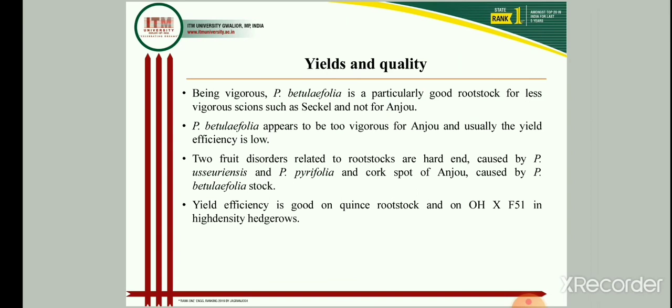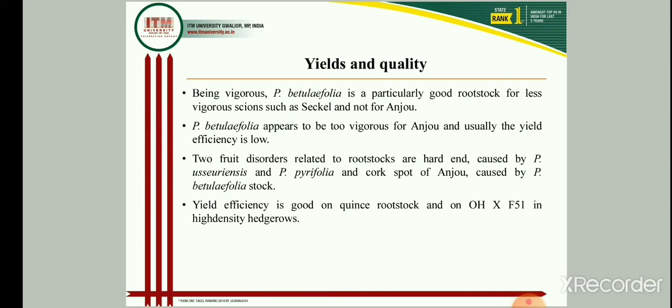In terms of yield and quality for the pear, Pyrus betulifolia was reported as a good rootstock for scions having lesser vigor, because it has the ability to impart high vigor.